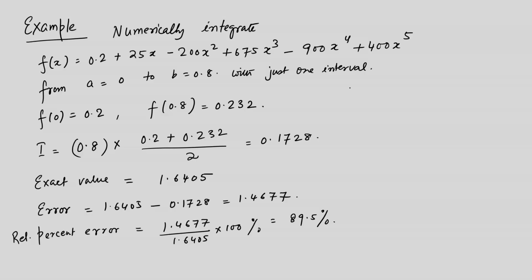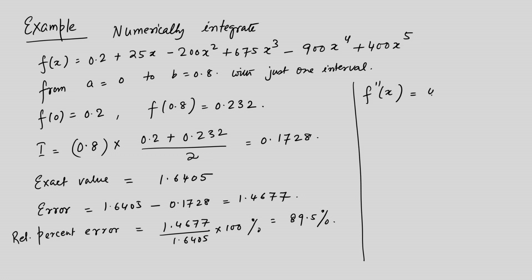If you want to actually calculate the error, let us do it here. We know that the error is proportional to f double prime x, which is the double derivative of f.